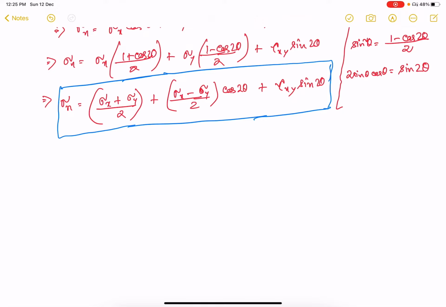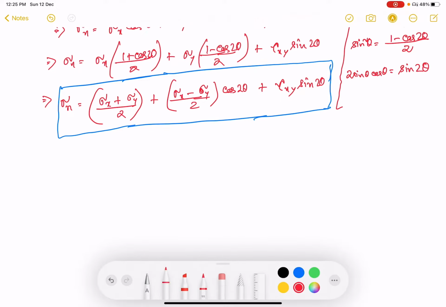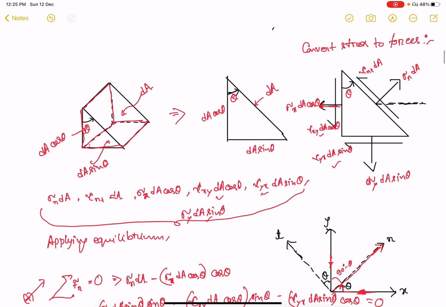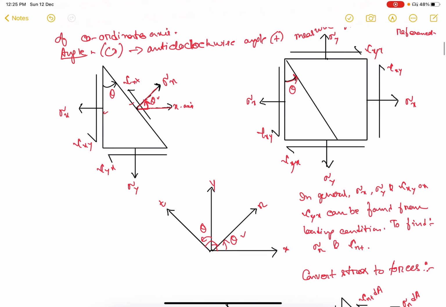we have to again see whether whatever we have derived is okay with our intuition also. So let's see. If theta is equal to 90 degree, then whatever sigma n comes, it will be equal to sigma y.